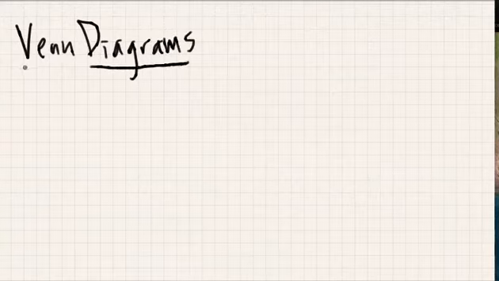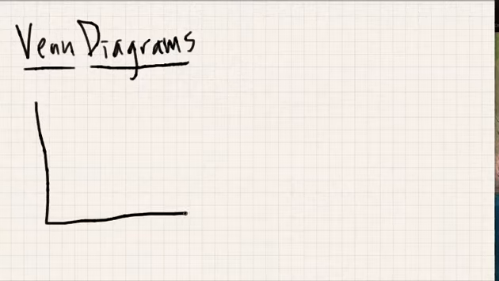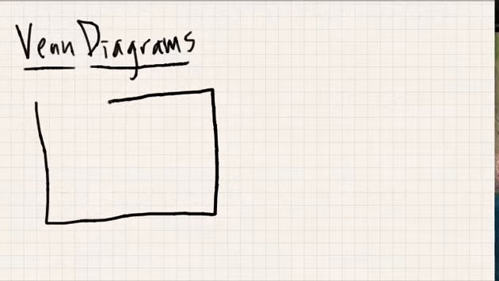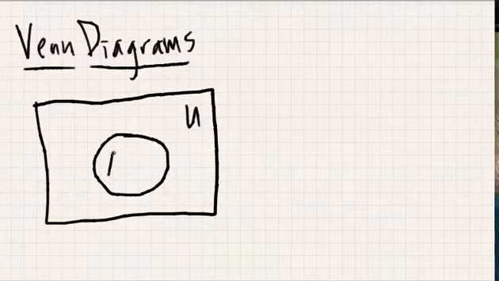Well, it's basically a nice way for us to visualize sets. Since I've already introduced universal sets, I'm generally going to draw them with the universal set. So we draw a square to represent our universal set, and any other set inside, we will just draw as a circle.